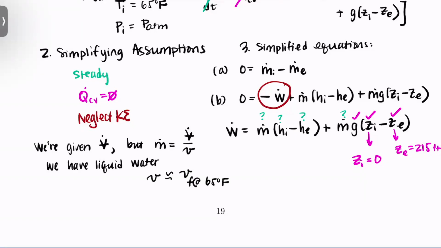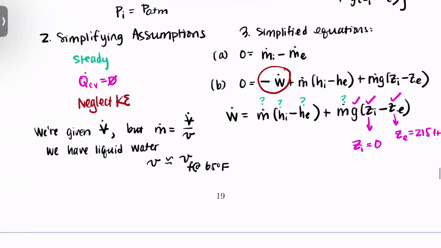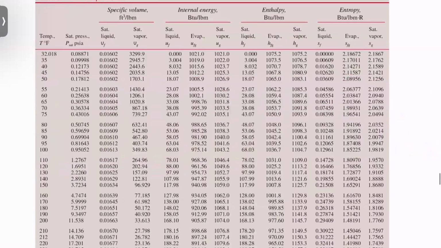We're going to assume that we can use the properties of water at the saturated liquid state at 65 degrees Fahrenheit, which I conveniently have the table for you here. Okay, so we have a line for 65. So this is our VF that we're going to use. And then we also need enthalpy, right? So we want to use this value of enthalpy as well.